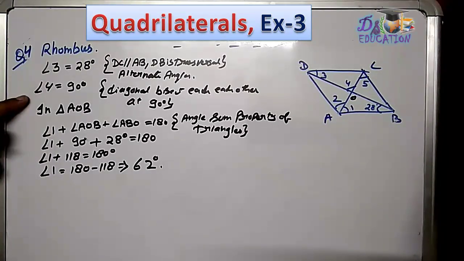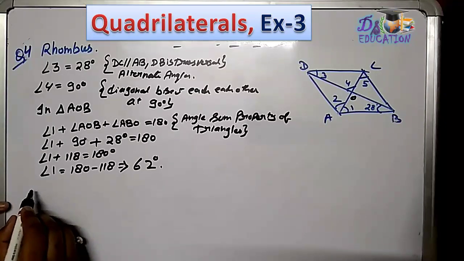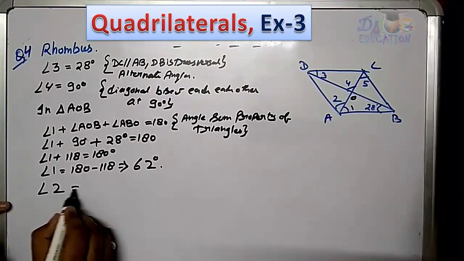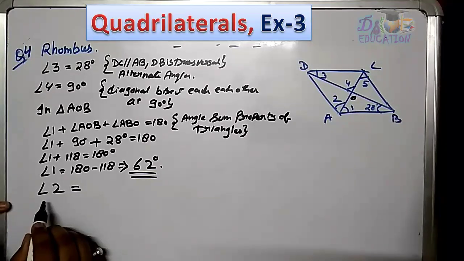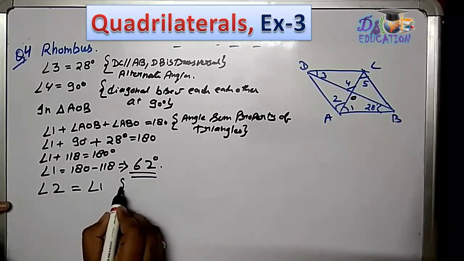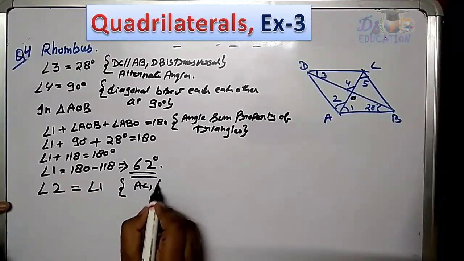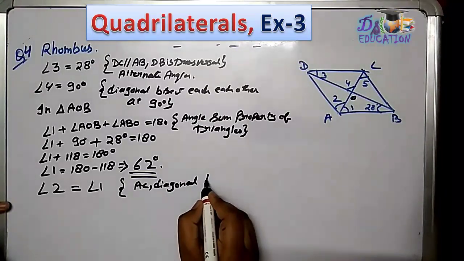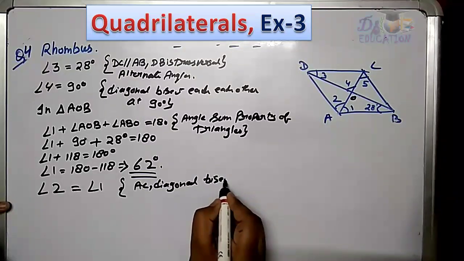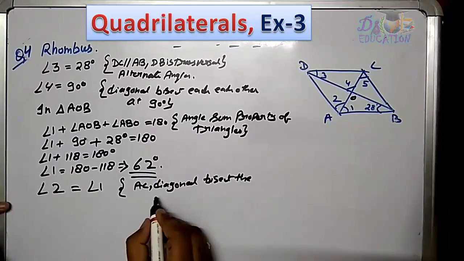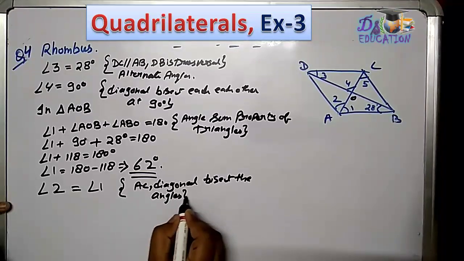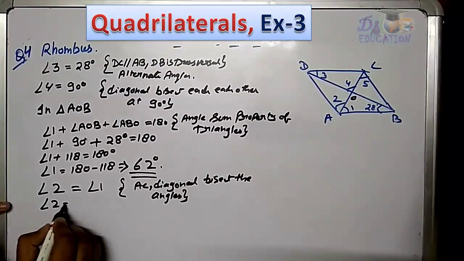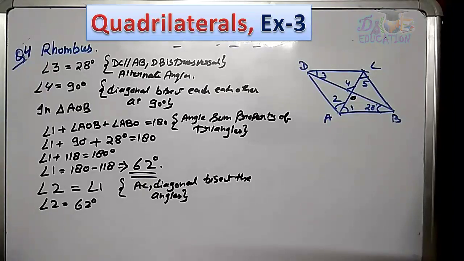3 we have calculated, 4 we have calculated, 1 we have calculated. Now angle 2 you have to calculate. Angle 2 is equal to angle 1. Why? AC, that is the diagonal, bisects the angles. So angle 2 is also equal to 62 degree.